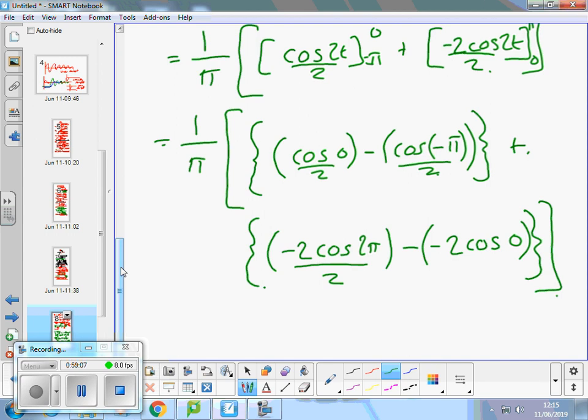Minus 2 pi, correct. Right. Cos of 0 over 2 is a half.